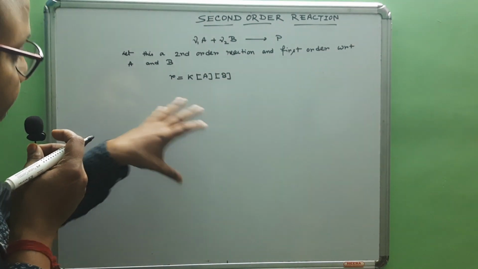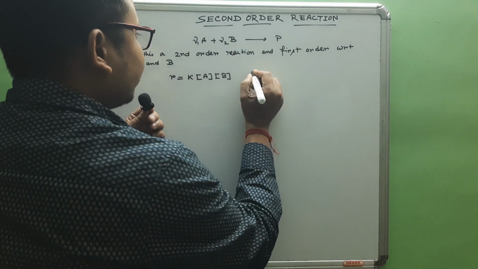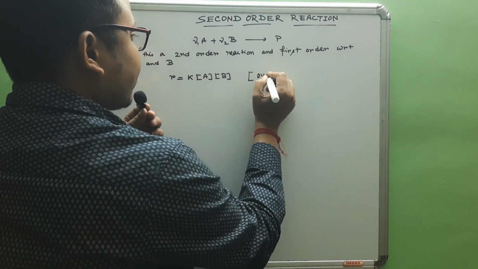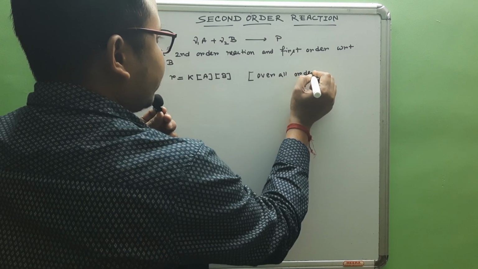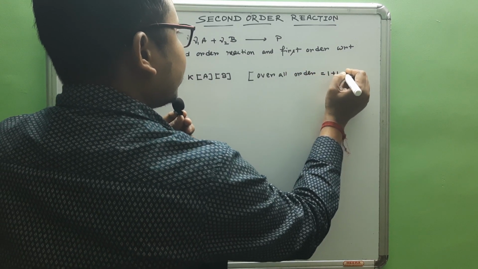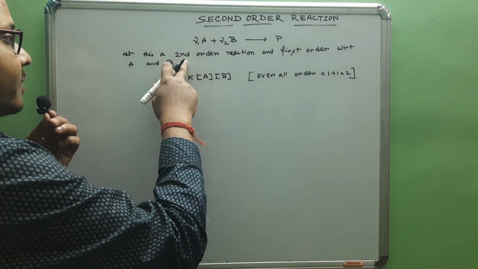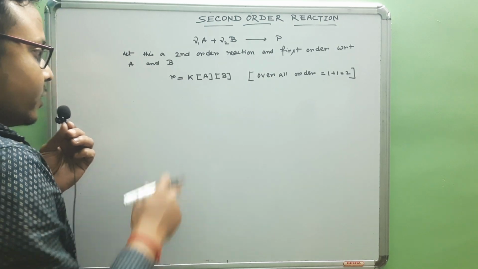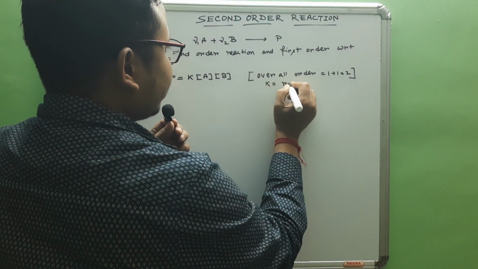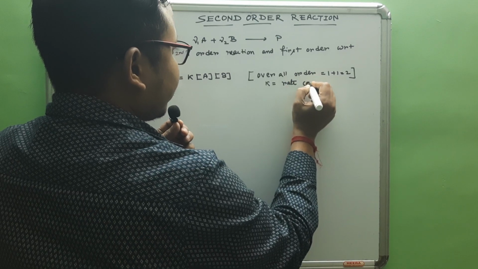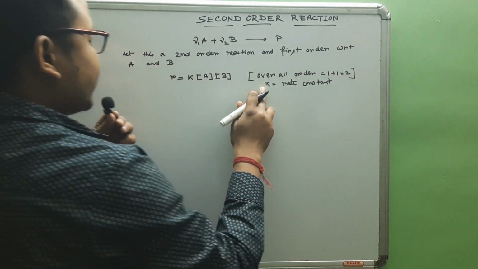The overall order of the reaction is 1 plus 1 equals 2. So it fulfills our assumption that this is a second order reaction. This is the whole scenario. K is the rate constant, and what we are going to do is reduce the rate constant.